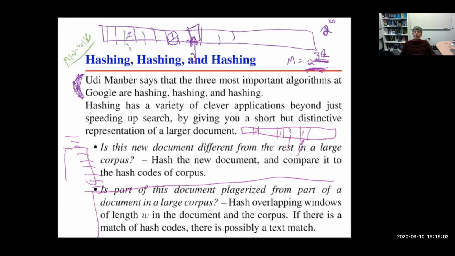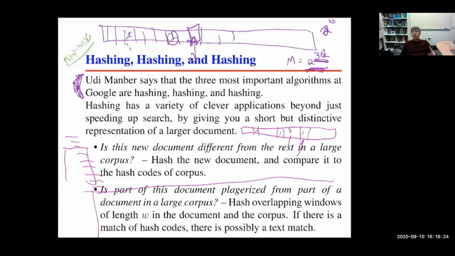Notice that if I have a document of length n, instead of producing one hash code, I'm now producing something like n hash codes. So if I have short documents, I shouldn't care. But if I have long documents, I would care.